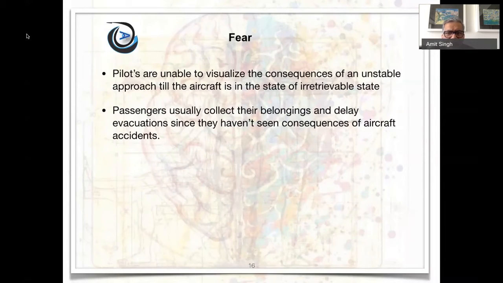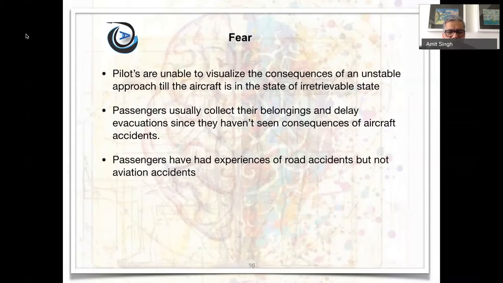So anxiety develops. You're more comfortable driving than sitting on the passenger seat. But evacuations are not very common, so passengers haven't associated an emotion with them. That is why they are more related to the belongings which they want to retrieve. They do not know the consequences of the delay, or what will happen if the slide chute gets punctured.